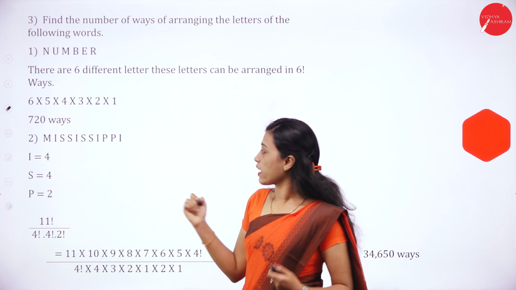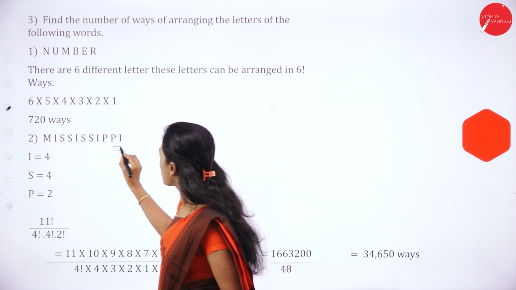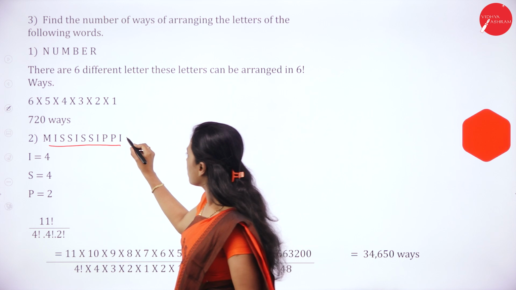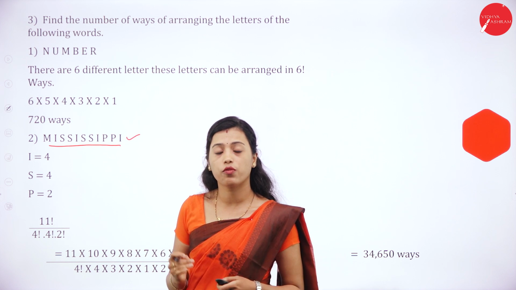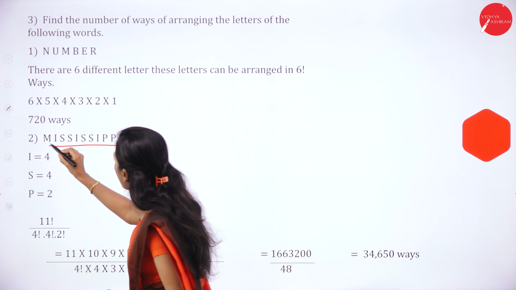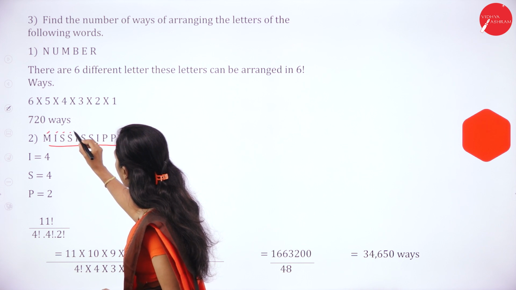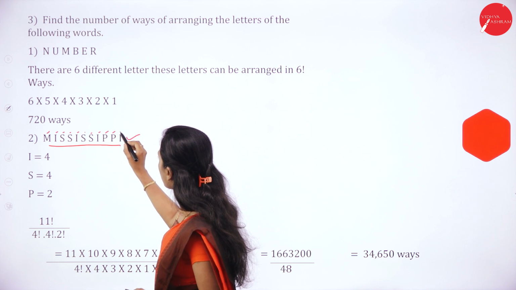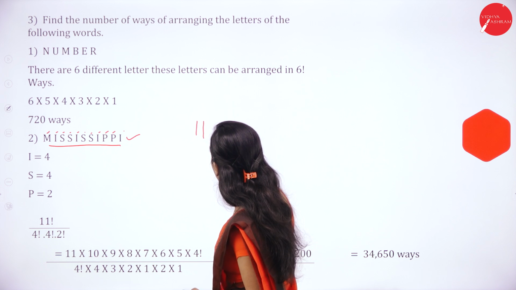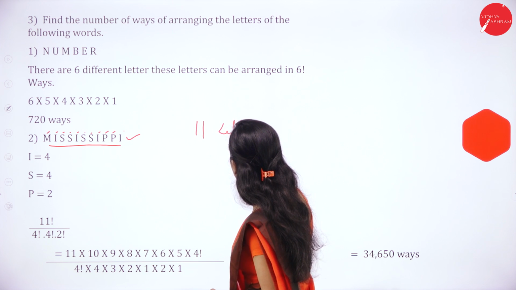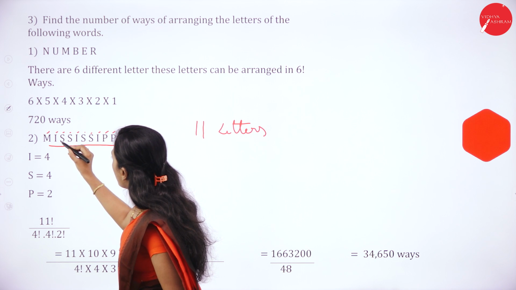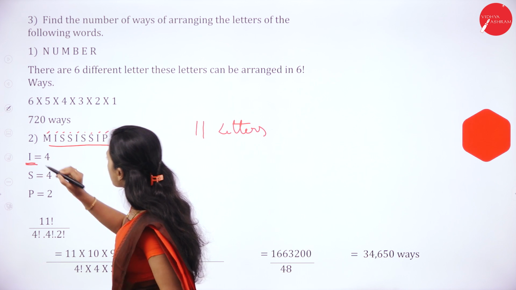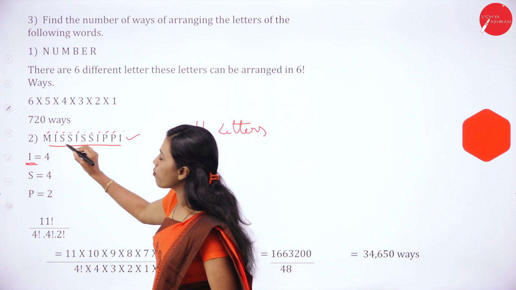Then second one, Mississippi. The word they have given is Mississippi. Here how many letters are there? First we have to count it. 1, 2, 3, 4, 5, 6, 7, 8, 9, 10, 11. There are 11 letters. But here letter I repeats for how many times?